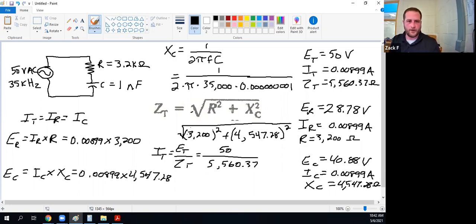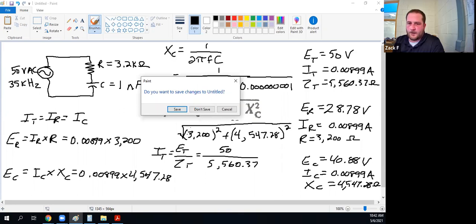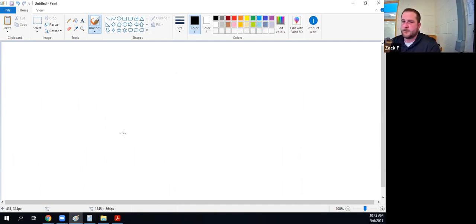All right, onward and upward. I'm going from hard to easy. So the further we go, the easier these will be. But in an AC circuit, 40 volts AC.